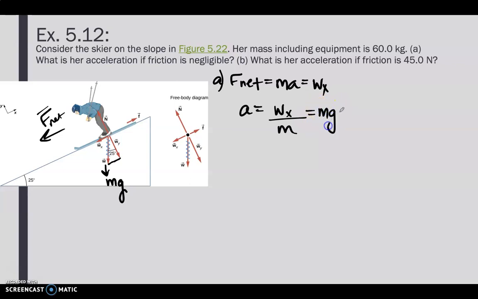So we have mg sine theta over m. Okay. Or, since our masses would cancel, 9.8 meters per second squared times sine of 25 degrees. And we'll find that in the next video.